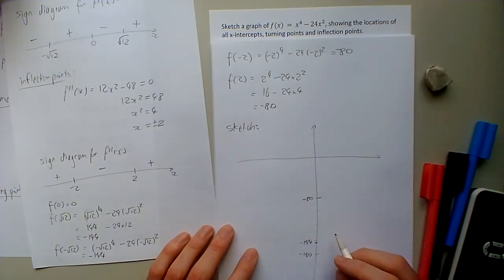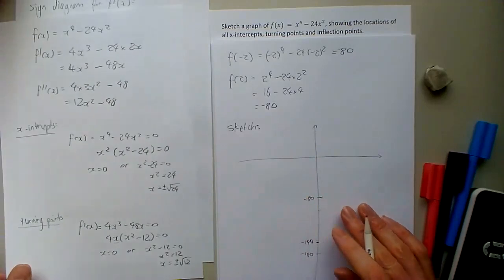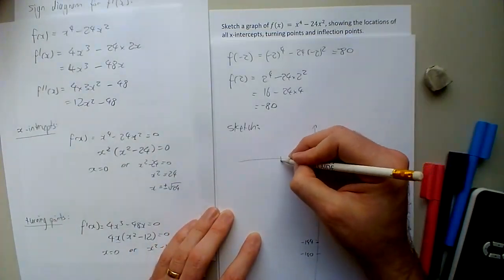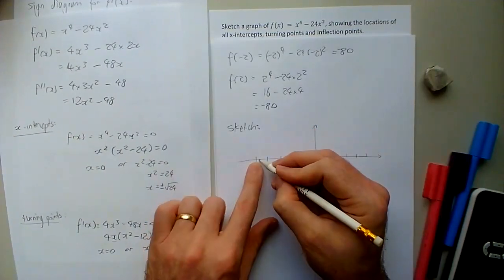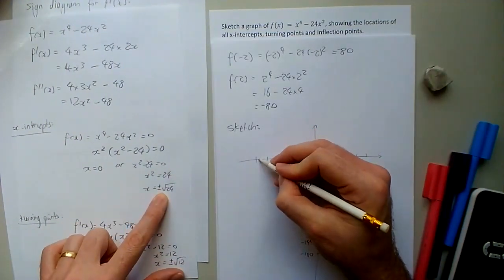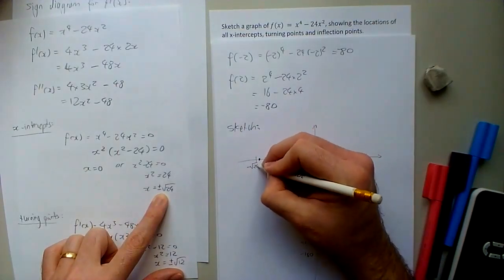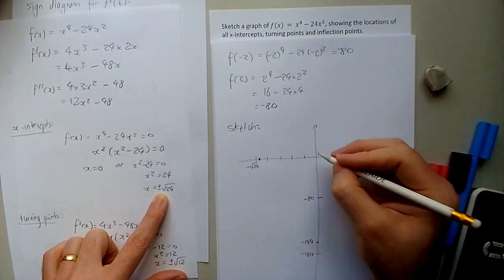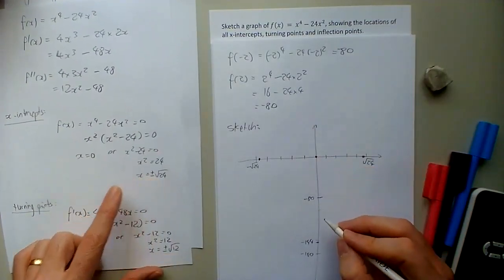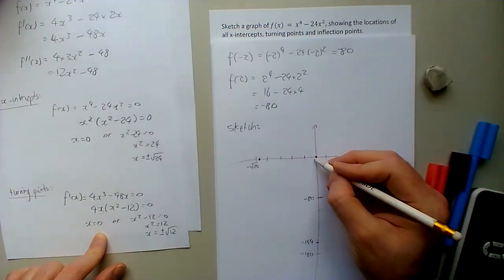Okay, so let's see. 1, 2, 3, 4, 5, 1, 2, 3, 4, 5. So here at almost minus root 5, it crosses. And over here, and it meets there as well. And then here when x is 0, there's a turning point.